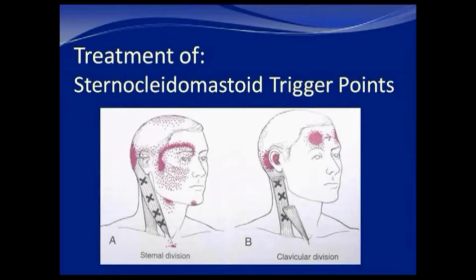And the sternomastoid will often refer in this pattern above the eye and to the area just beyond its attachment on the mastoid bone, and may in fact give you problems with swallowing as well as dizziness or vertigo.